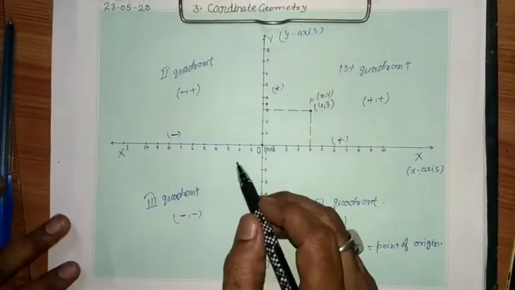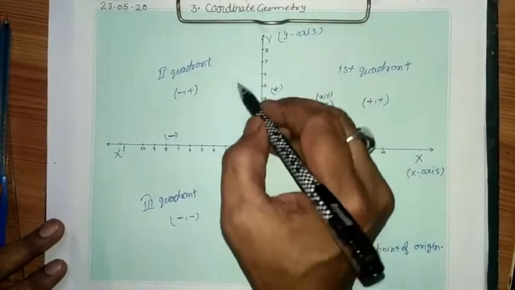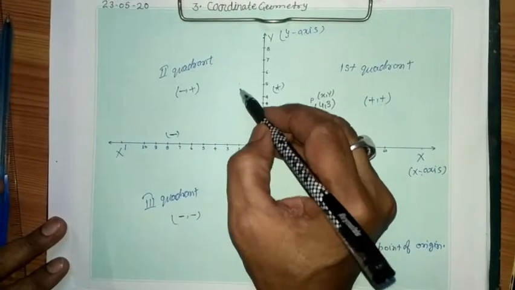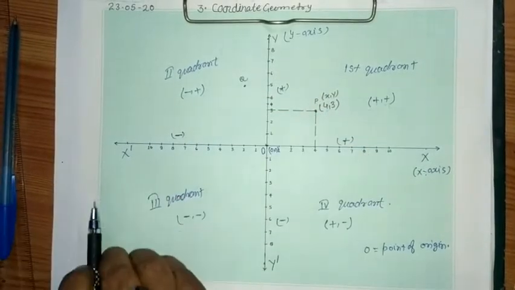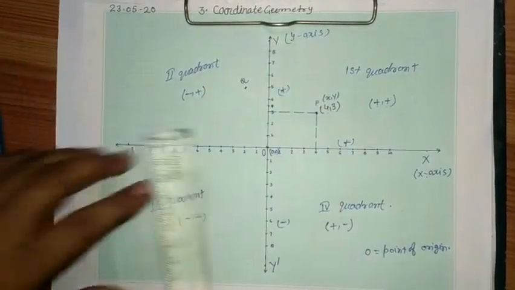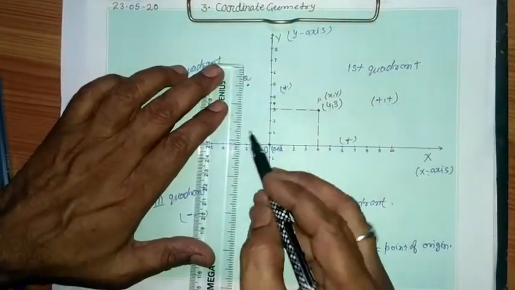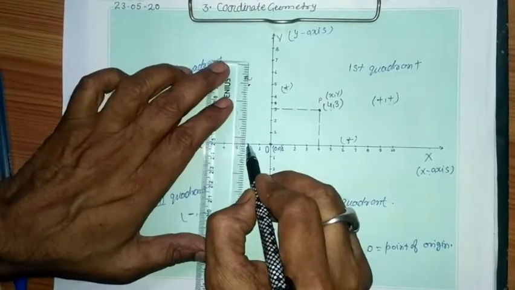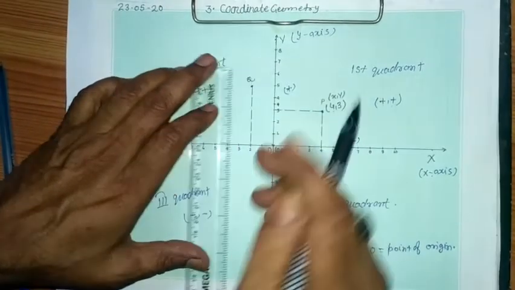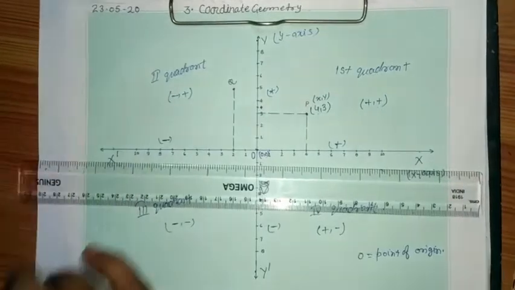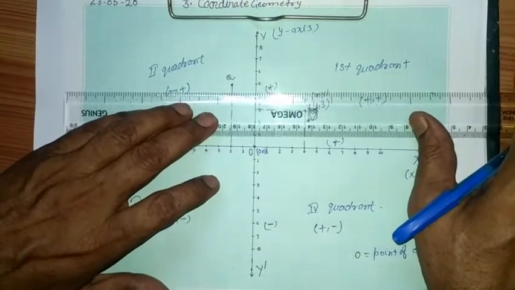Now we take another point Q, and we have to find out its coordinate. This is point Q. We draw a line parallel to the y-axis from x, and join it with a line from the y-axis parallel to the x-axis.